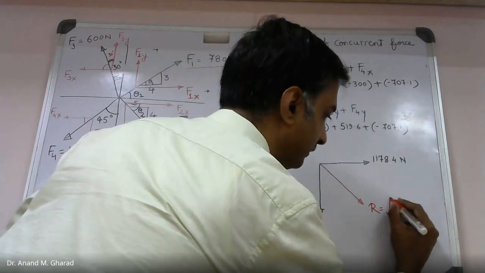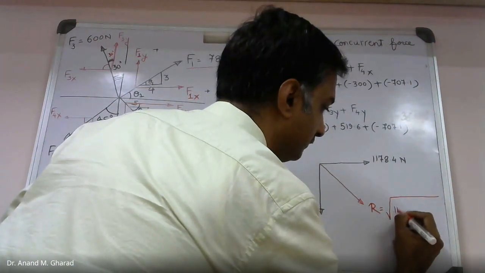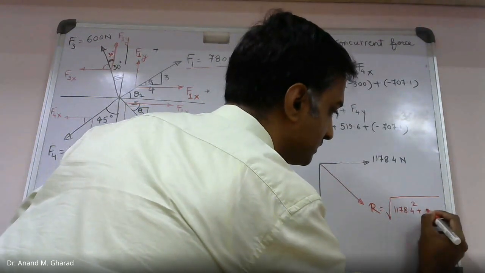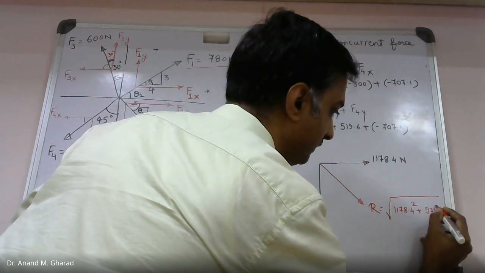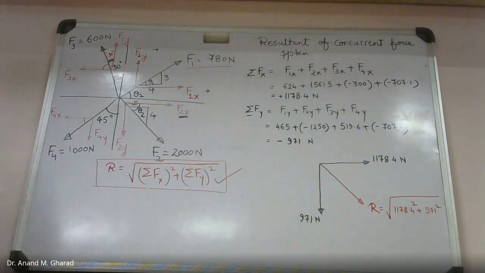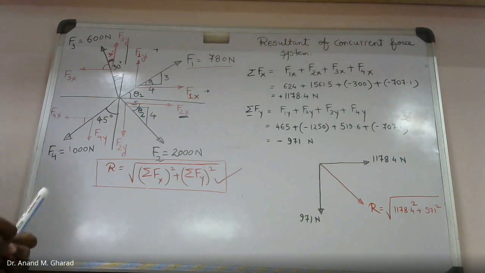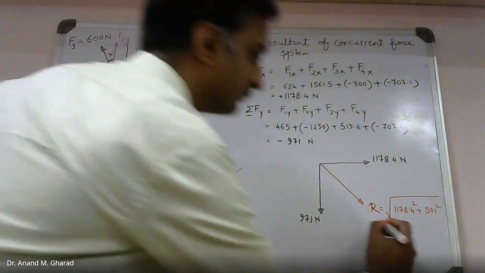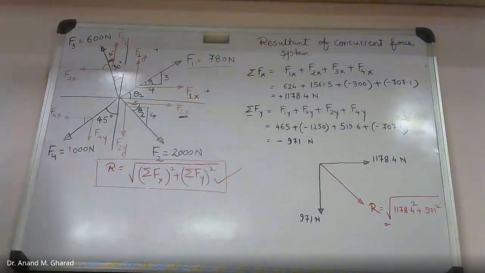Simply calculate that value. Under root of 1178.4 square plus 971 square. How much does this come out to be? Sir, 1526.6.